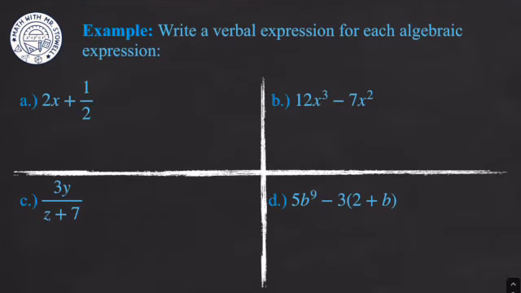We are going to write each of these as a verbal expression for each algebraic expression. So we're going to take these and write them in words. The first one, we have 2x plus 1 over 2.